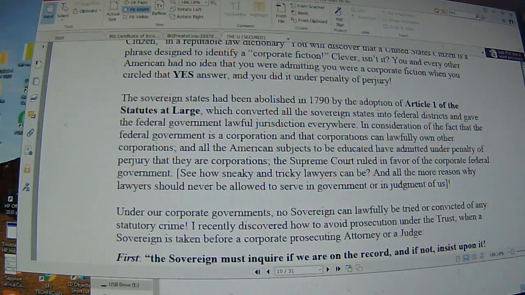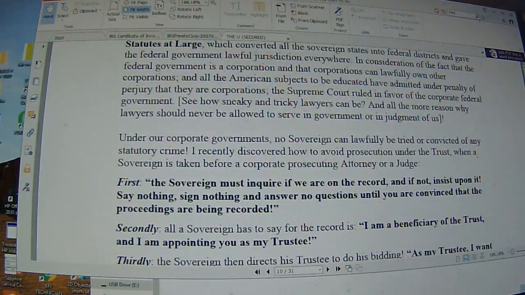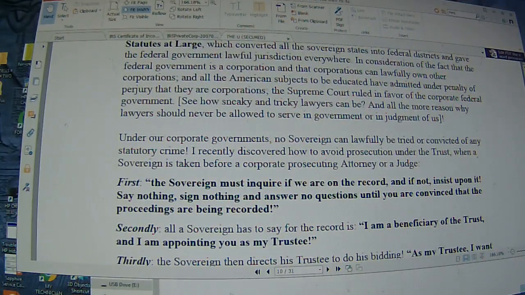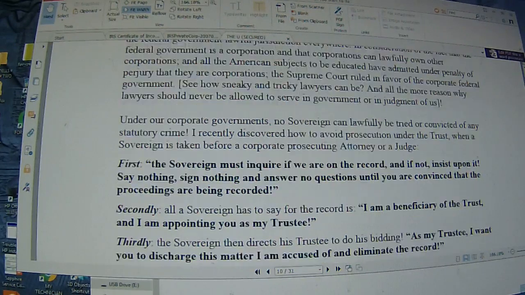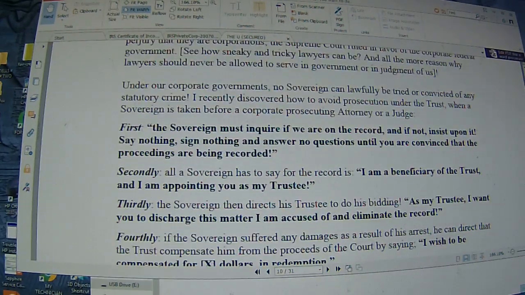You can't do that. Okay, first, the sovereign must inquire if we are on the record, and if not, insist upon it. Say nothing, sign nothing, and answer no questions until you are convinced that the proceedings are being recorded. Okay, step one. All right, step two. All a sovereign has to say for the record is, I am the beneficiary of the trust, and I am appointing you as my trustee.